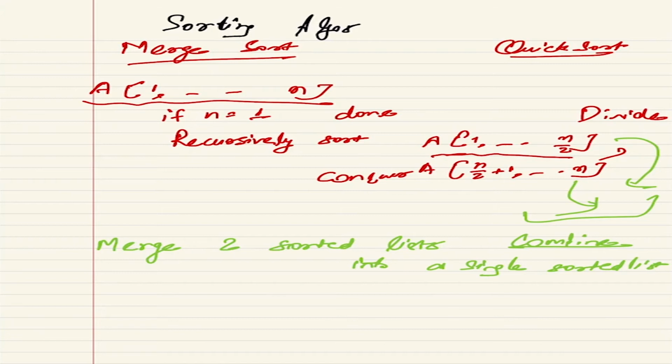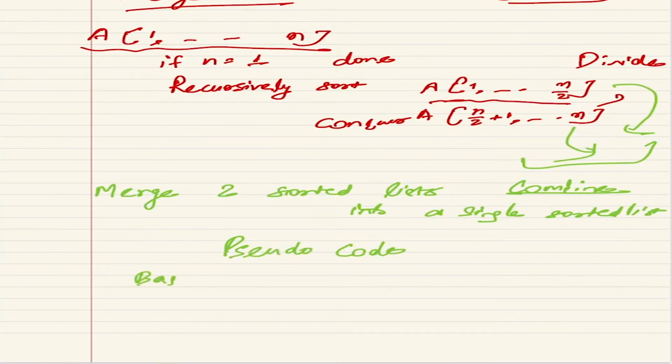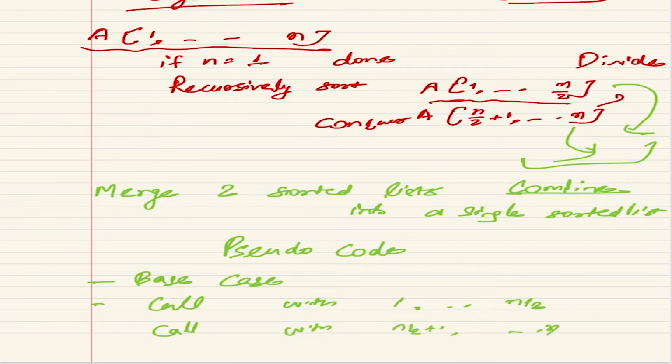Separately you have to write the function for merging two lists. So for the pseudocode, first you talk about the base case, then you call with 1 to n/2. Second, you call with n/2 + 1 to n, and then you merge the outputs.